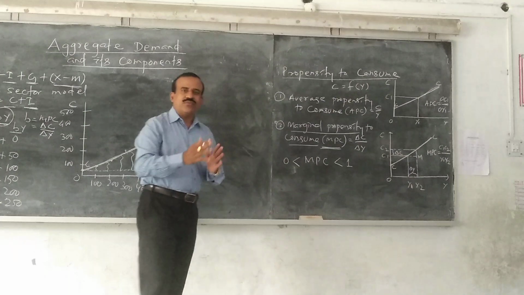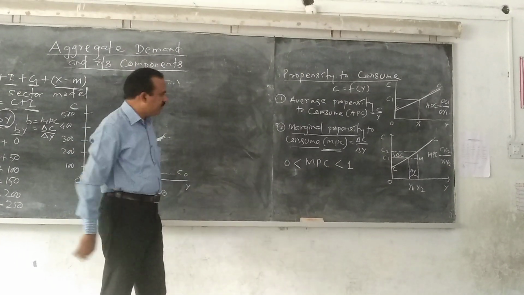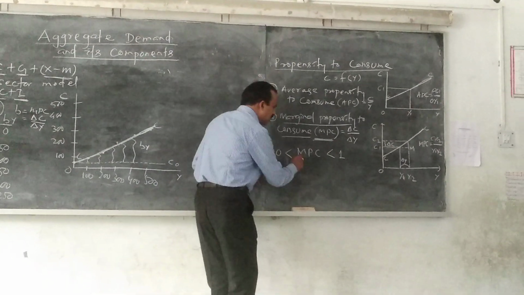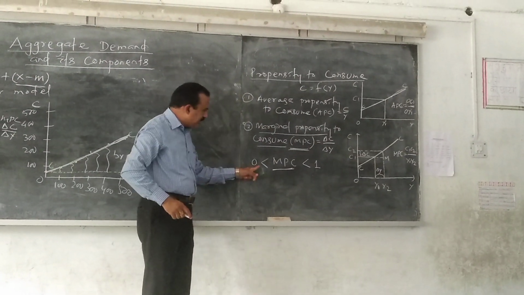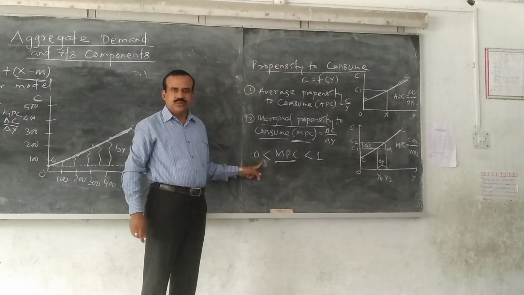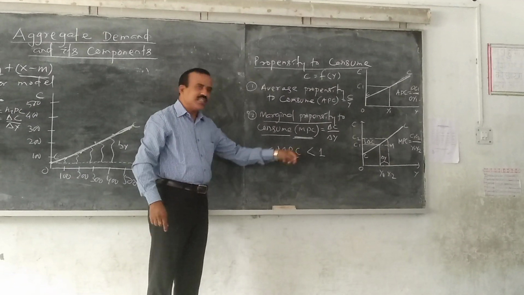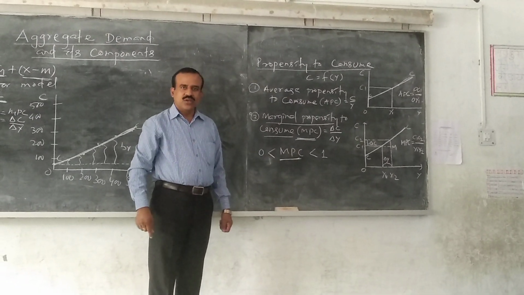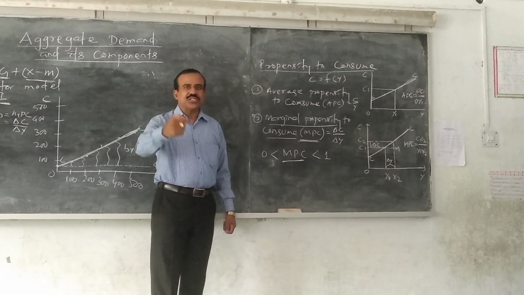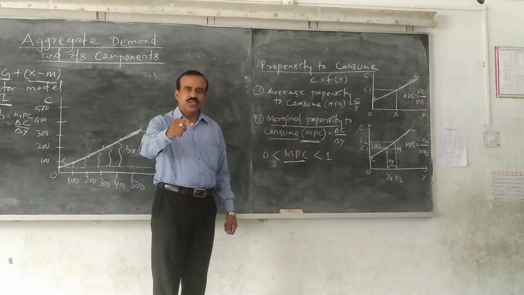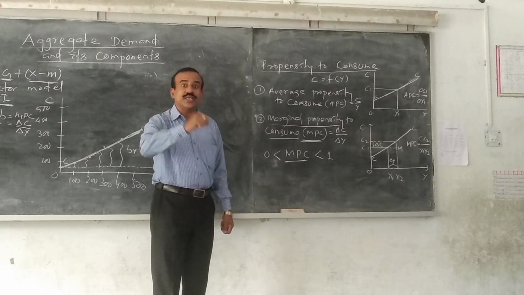So what is the value of MPC? What is the maximum and minimum value of MPC? MPC is less than 1 and MPC is greater than 0. Why is MPC less than 1? Because consumption rises with the rise in income, but consumption rises at a lower rate.